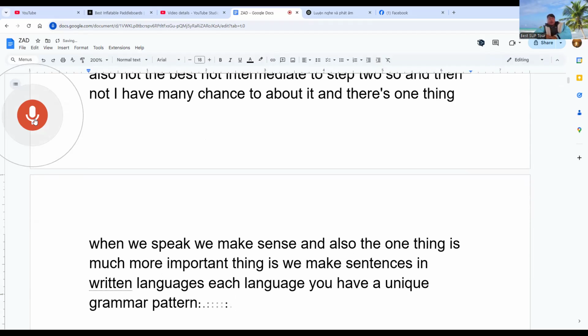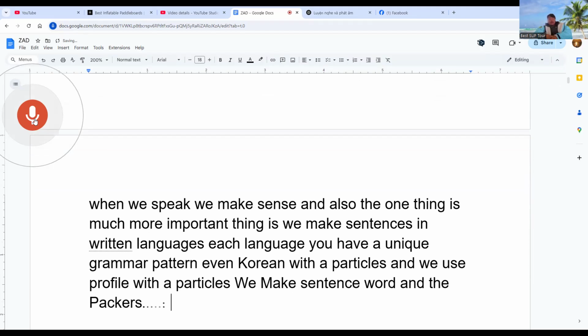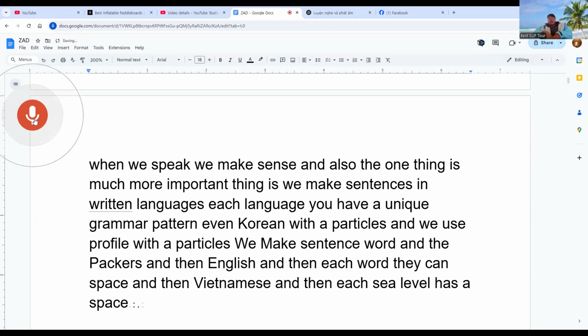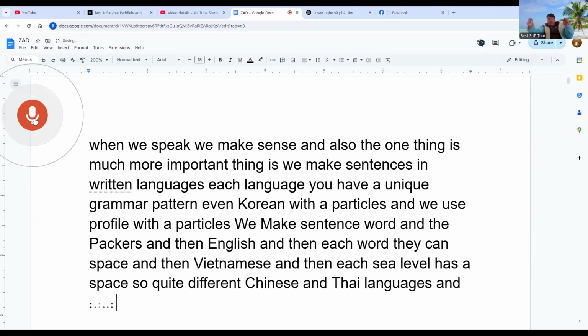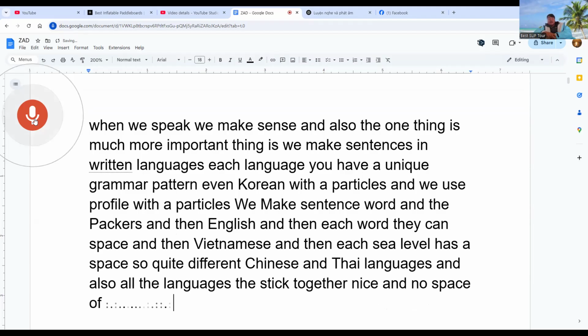Korean uses particles, 조사, and we make sentences with words and particles. In English, each word has a space. In Vietnamese, each syllable has a space. Chinese and Thai stick everything together, with no space. There are also patterns in languages like Sanskrit, which are quite different.